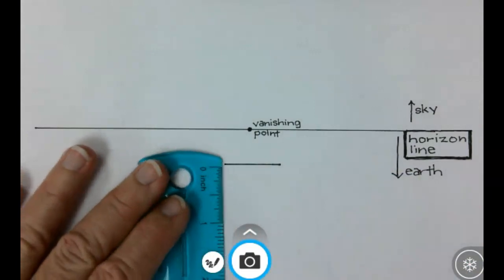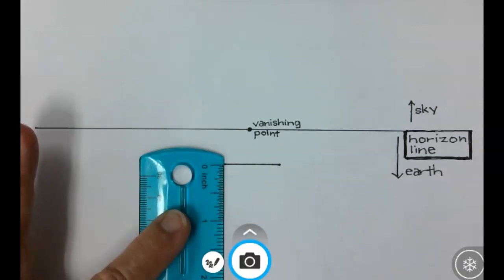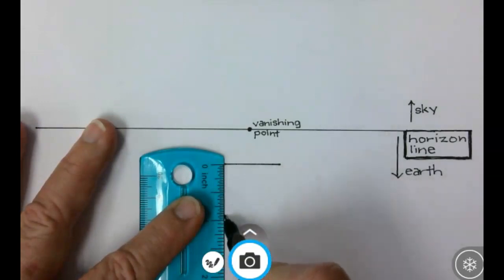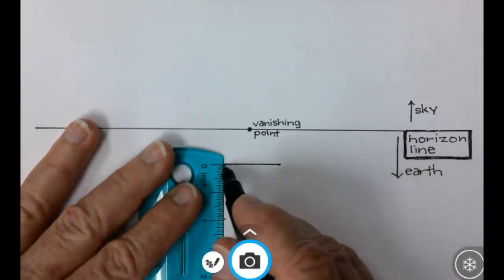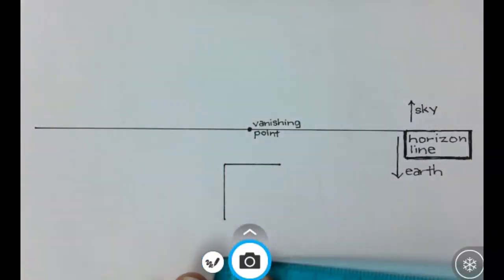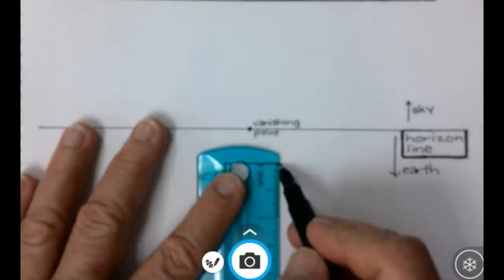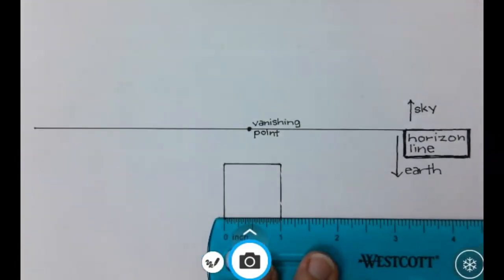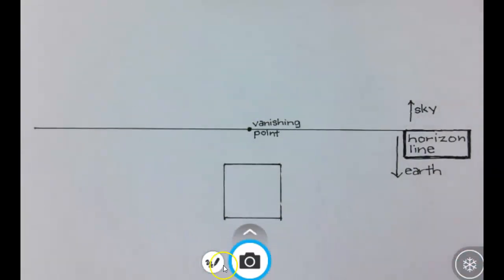So I'm just going to draw a very simple square. Oops. My pen didn't like that one. There, now we got it. I'm just doing this, it's about 1 inch by 1 inch all the way around. Okay, so just start with that.